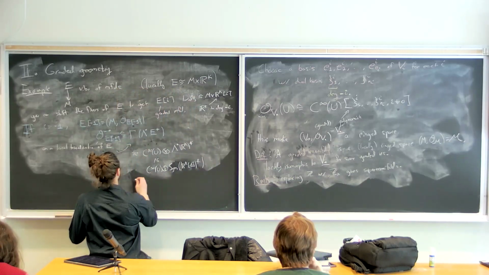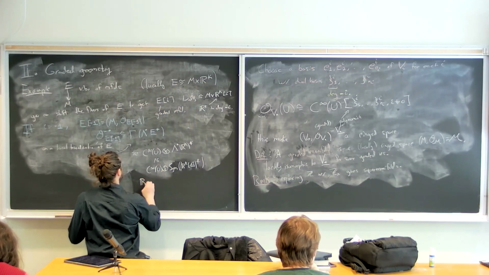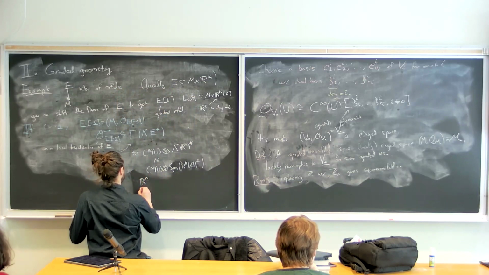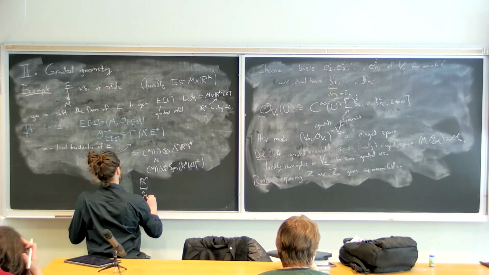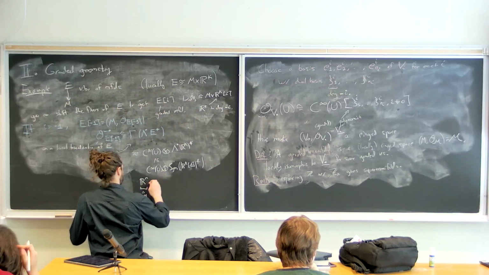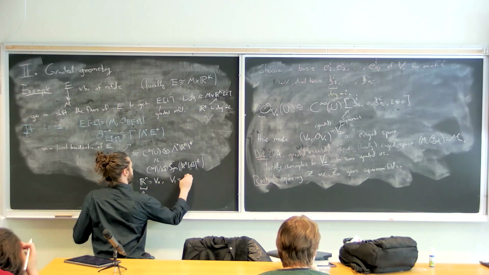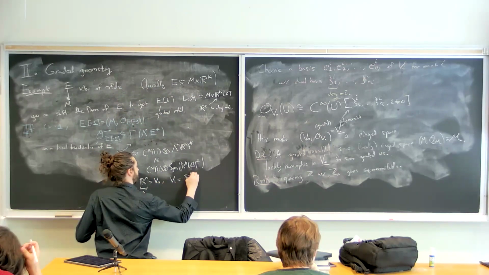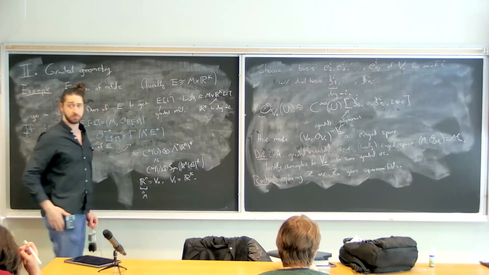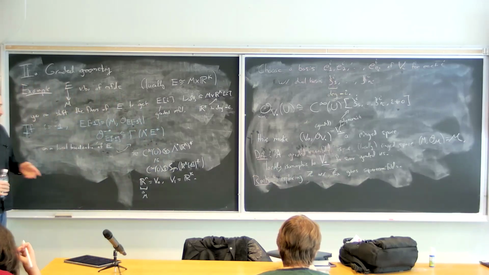So we're looking at R^n, the base of M, in degree 0, so that's V_0, and then V_1 is just R^k. So locally it looks like that.